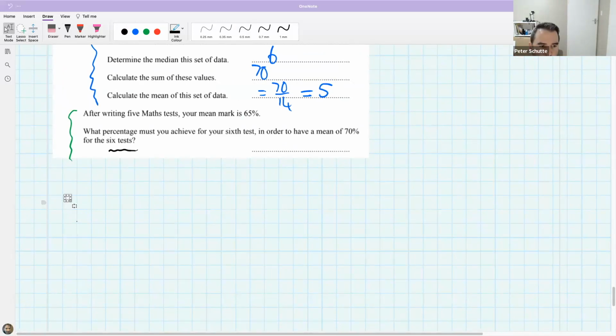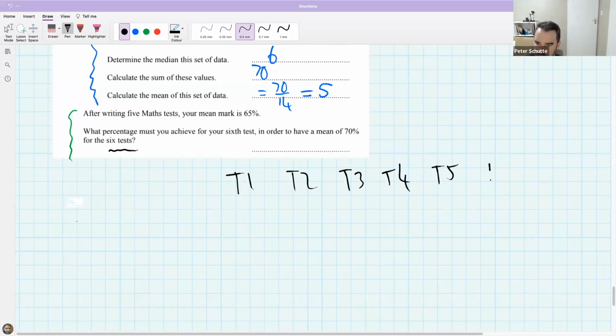So how would you start to try and model this situation? So you've got 5 tests. You've got test 1, test 2, test 6.